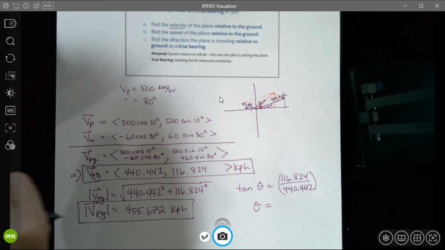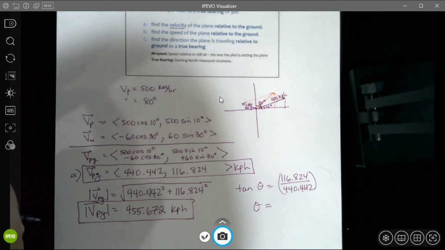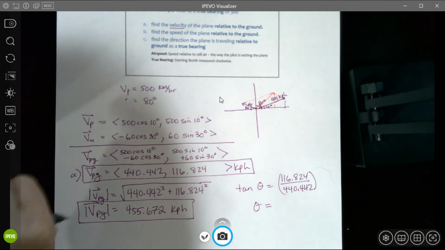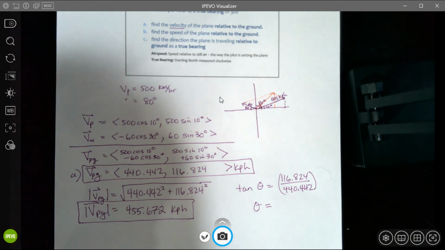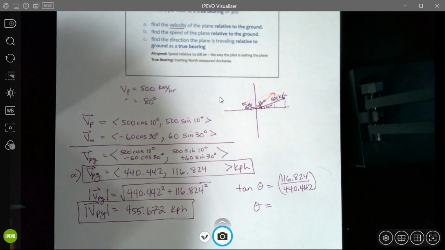Okay, divided by, sorry, I put something in the wrong order, so now I have to insert the correct number, which is 116.